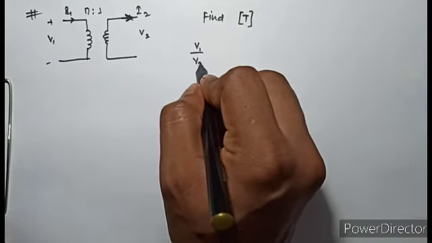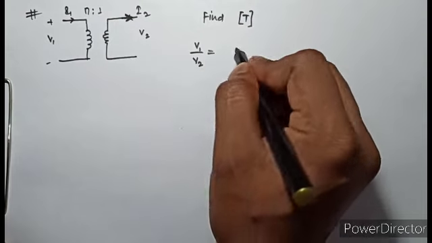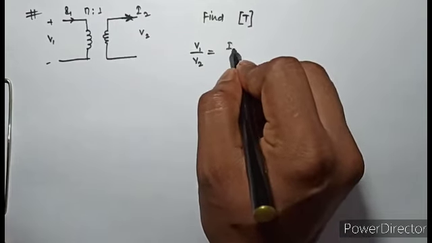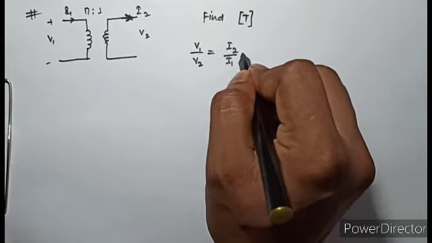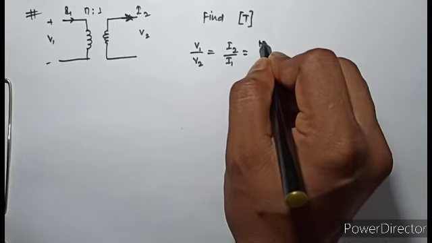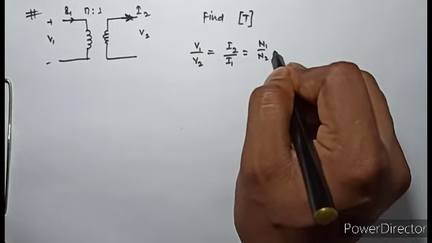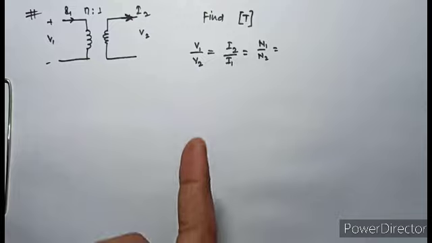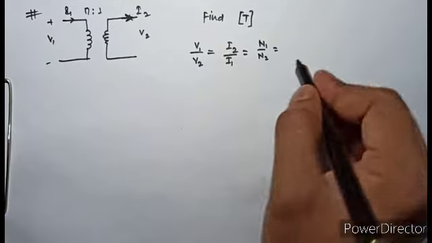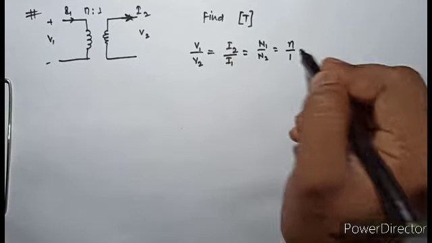Now for this transformer, what we know is that V1 by V2 is equal to I2 by I1, which is nothing but our N1 by N2, and our N1 by N2 is n is to 1.